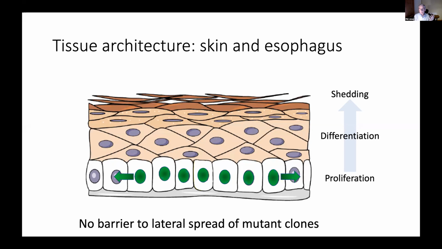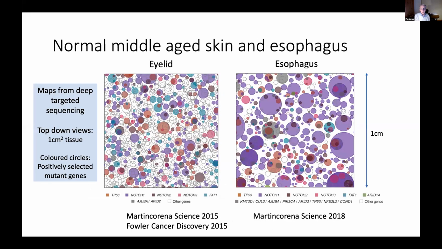So Peter's shown images like this, and this is why we started with these tissues, doing low resolution maps. If you could see in the mirror, in your eyelid, if you're middle-aged or over, 1 square centimeter of skin, you would see something like the image on the left here.